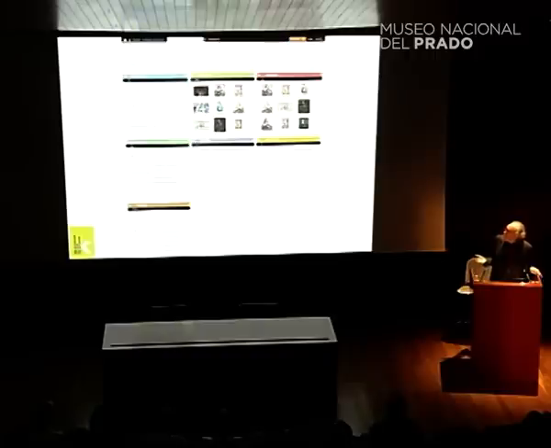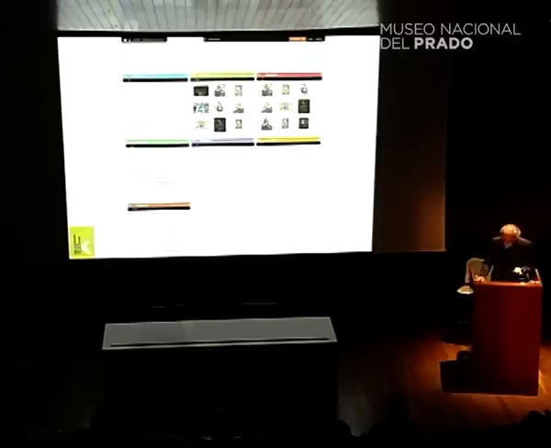I've typed in here the name of Davidsz de Heem, our subject for tonight, and as a result, you see an overview of the results of the various databases, and then you can search in one of the databases for specific results.